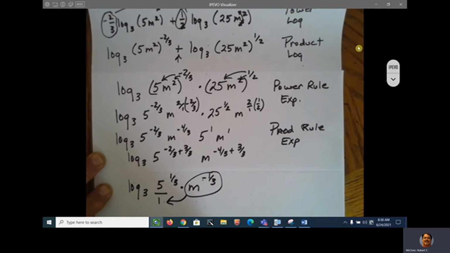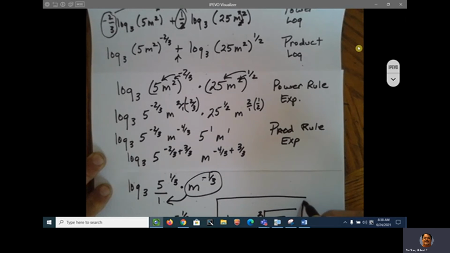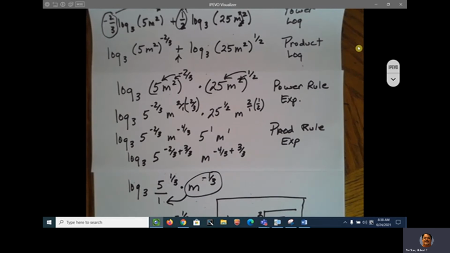And that's going to be log base 3 of 5 to the 1/3 over m to the 1/3, which is log base 3 of the third root of 5 over m. And that is a good test question.